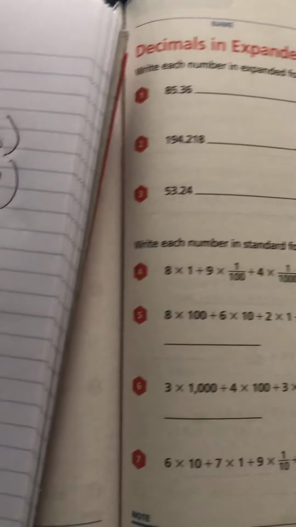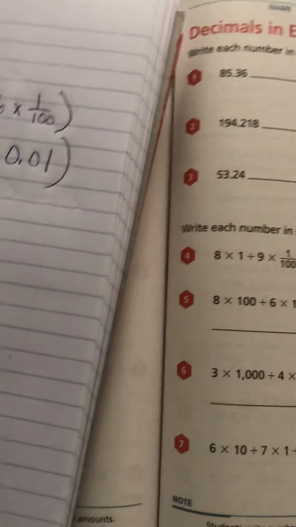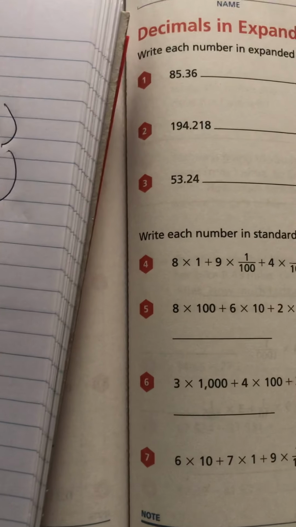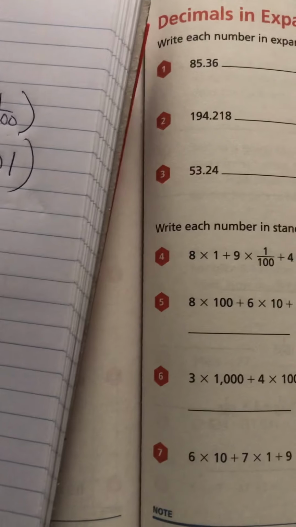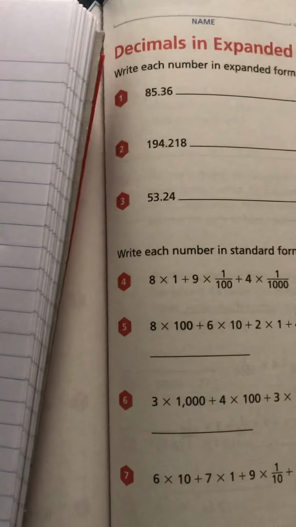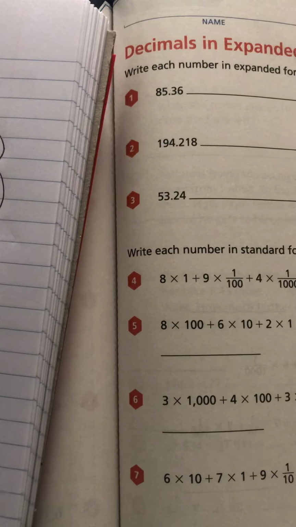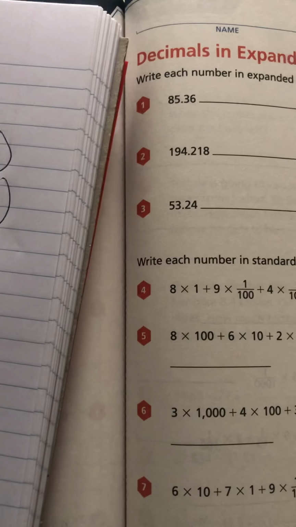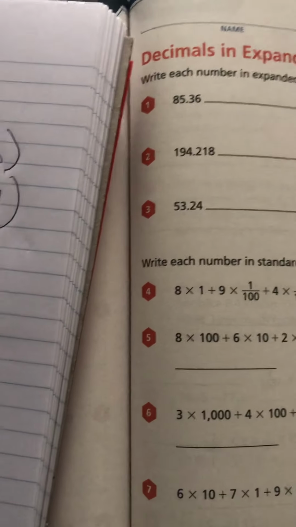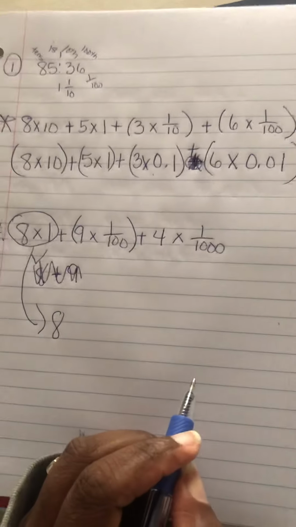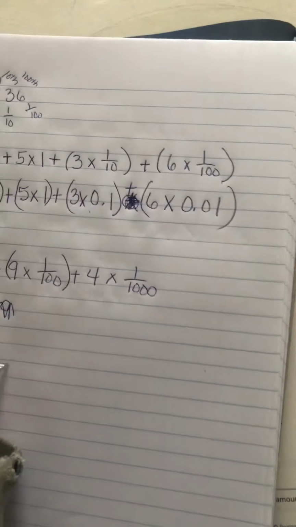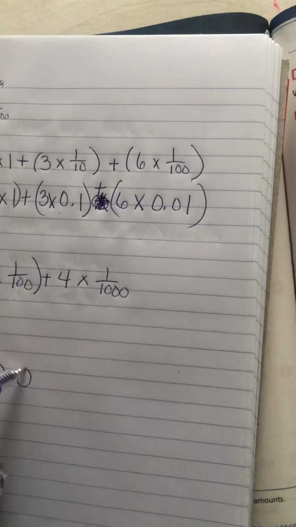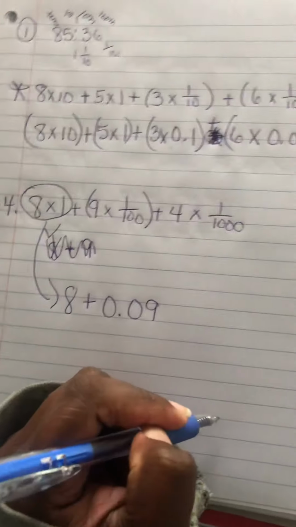It's 8. And then it says plus 9 times 100, so that's plus 0.09 based on the place value chart.